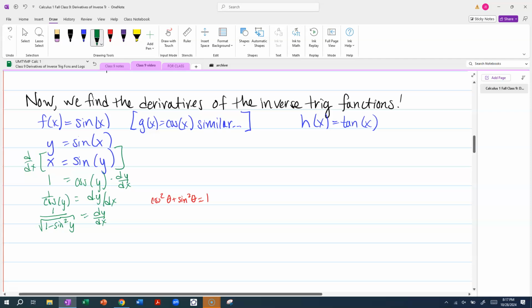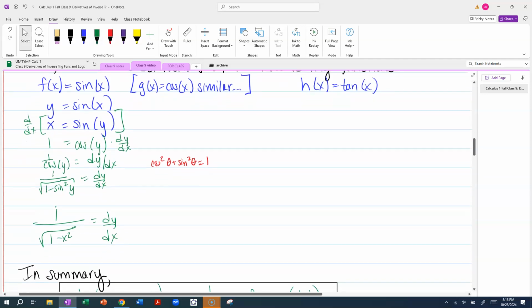All right, that's fine. But then sine y was the same as x. So this is really just 1 over the square root of 1 minus x squared, and that's the same as dy dx. Oh, that's kind of neat.